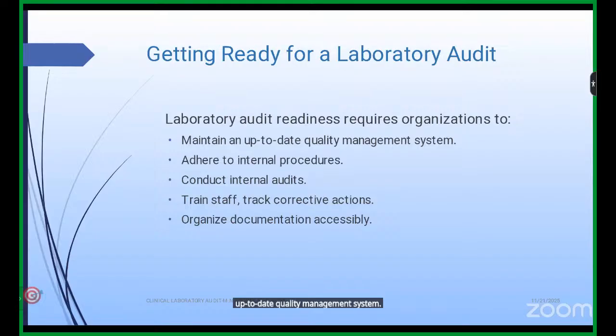They have to adhere to internal procedures. They have to conduct internal audits. They have to train staff and track corrective actions. They have to organize documentation accessibly.